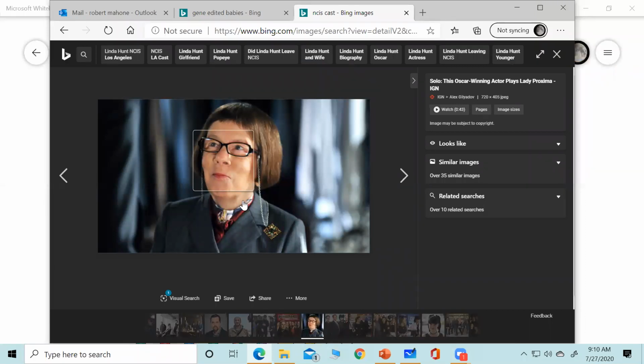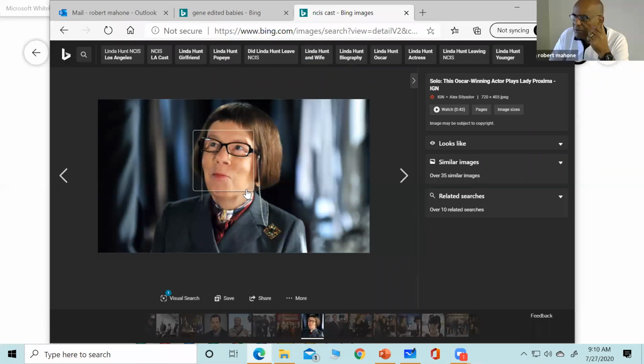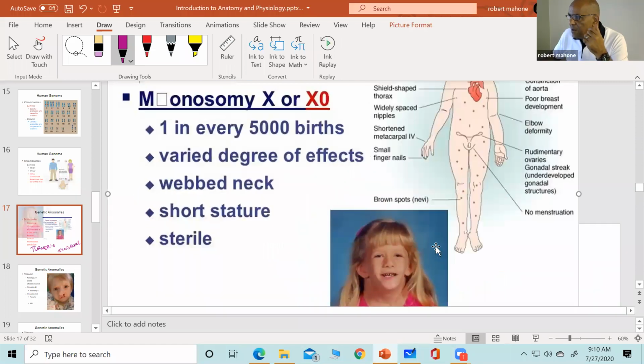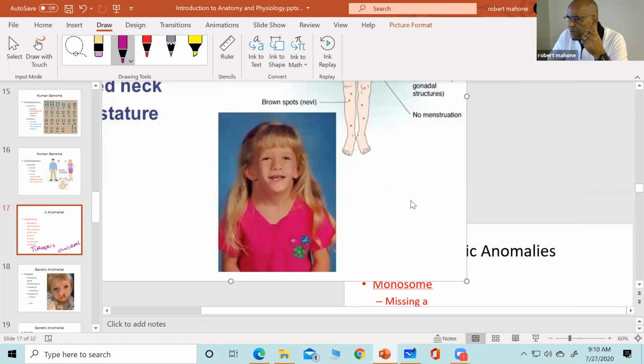She has surgical scars on her neck because girls with Turner syndrome are always born with this.